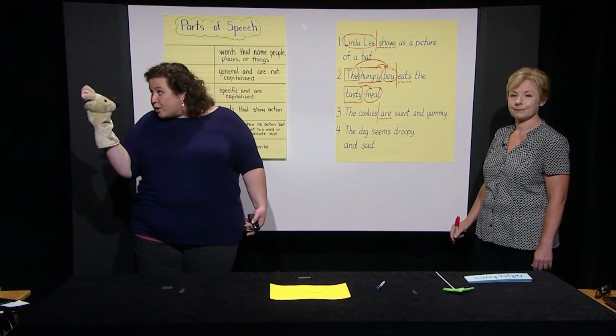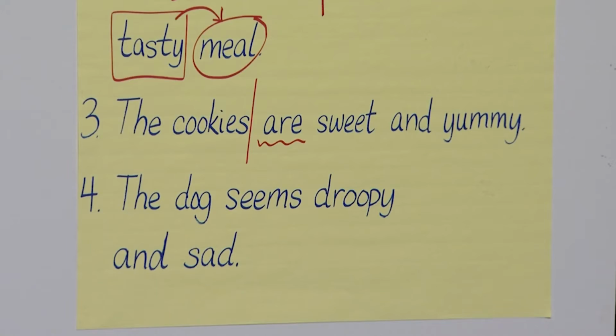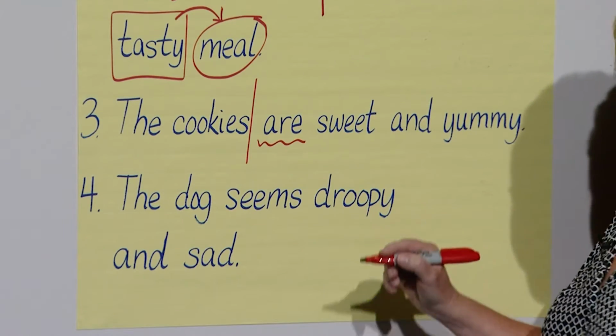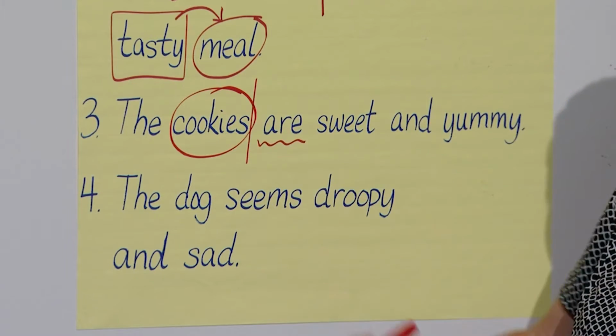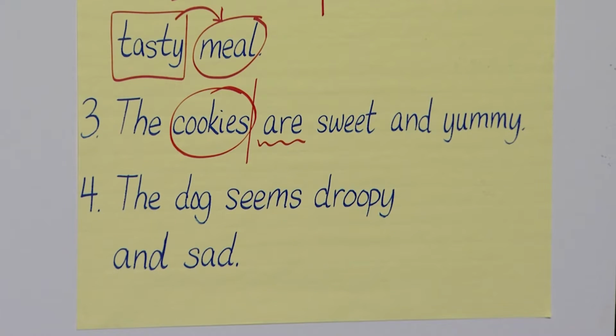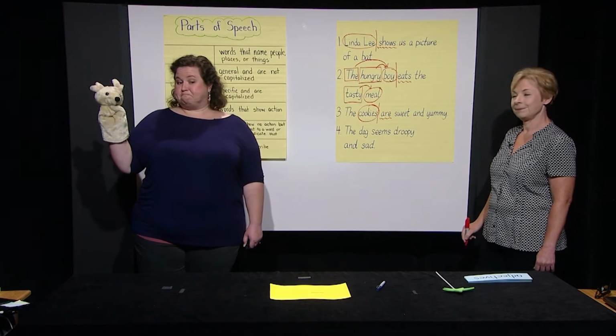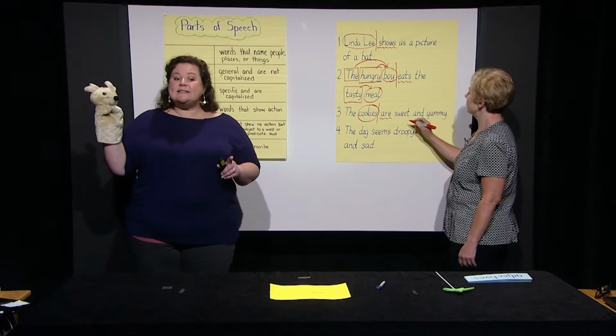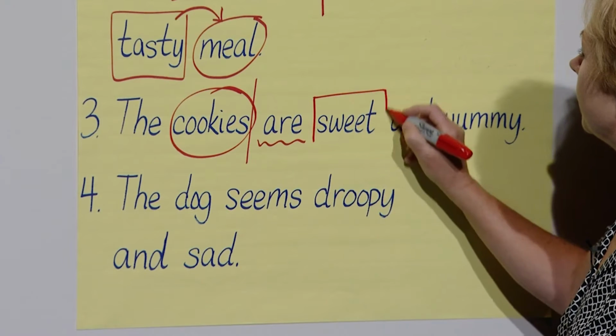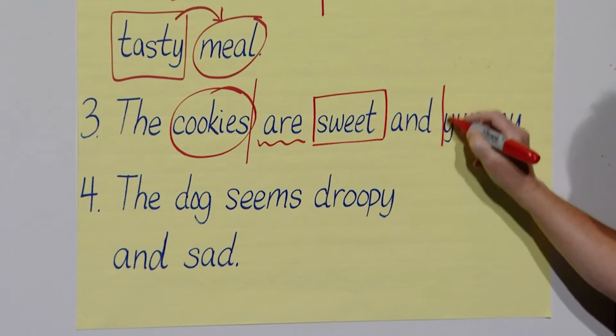So, which word do we circle? Circle cookies, since it's the noun in the subject. Yes. Now, what about the adjectives? Let's box sweet and then box yummy.